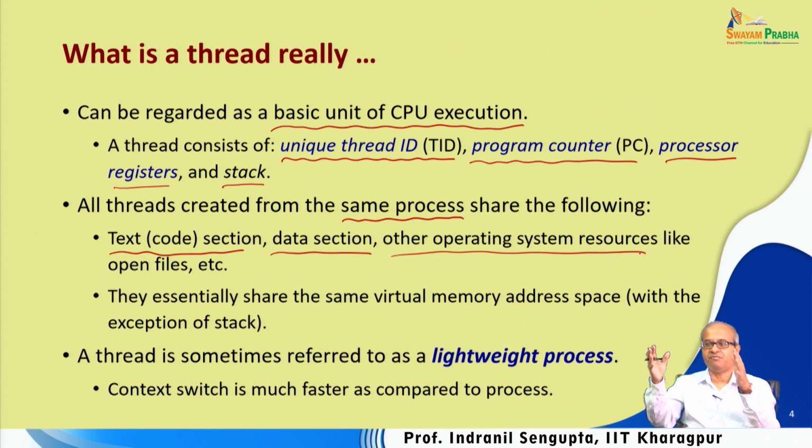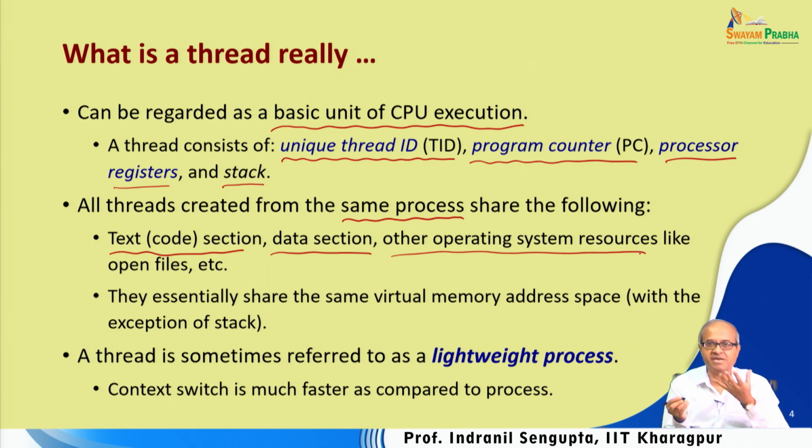But now suppose there are 4 threads which are running. They are sharing the code, the text, they are sharing the data section, they are sharing the files. So, when I move from one thread to another, I need not save those things, those can remain as they are. So, switching from one thread to another becomes much faster.